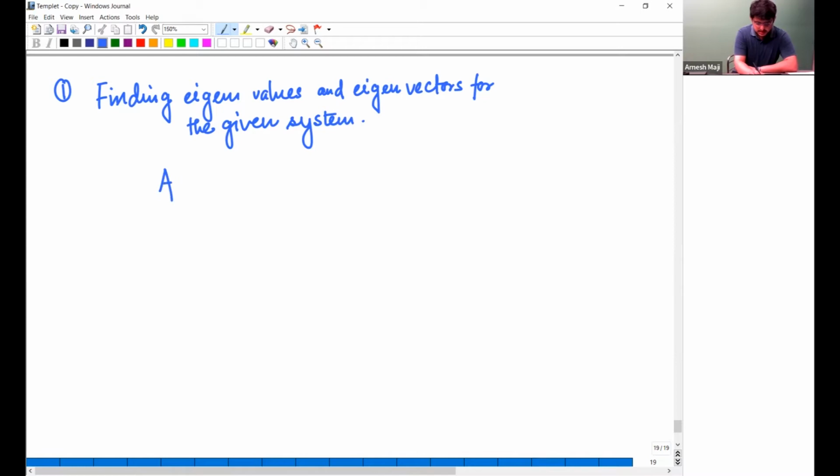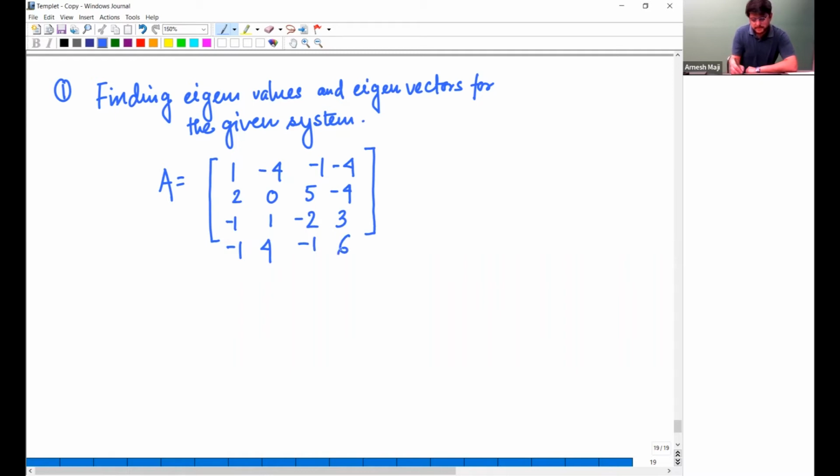So the given system is this. There is a matrix A and we will find its eigenvalues and eigenvectors.